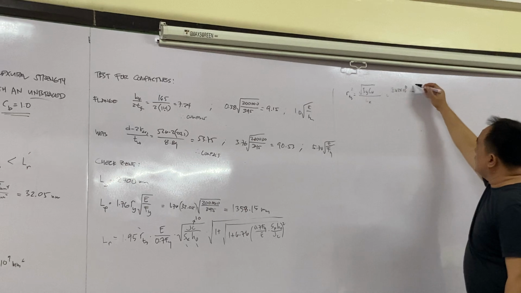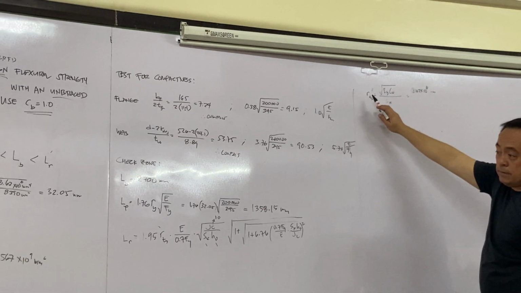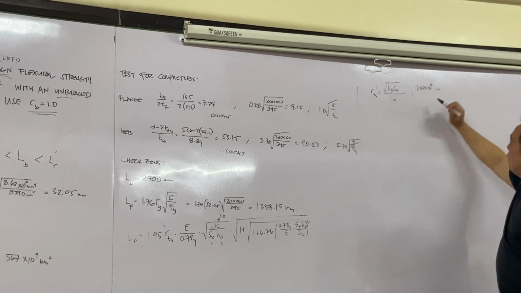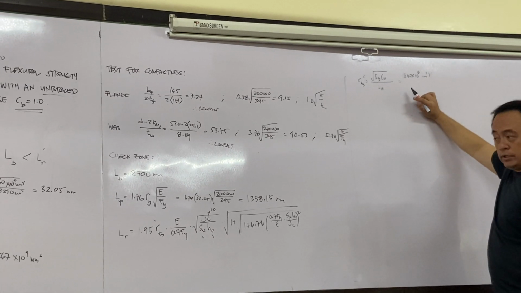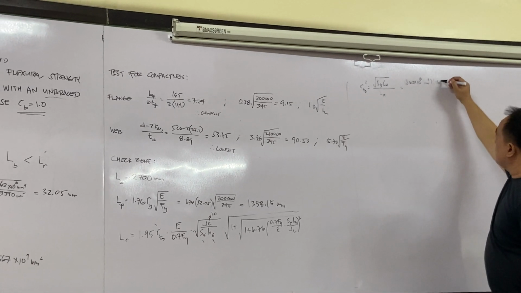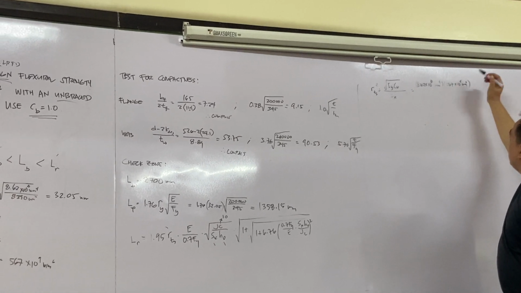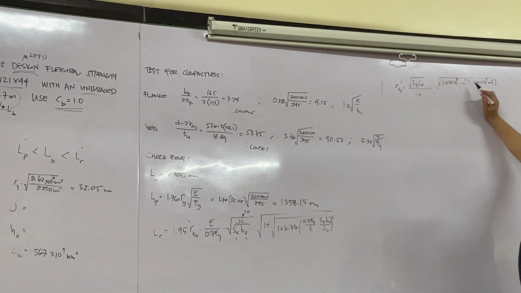Let's include the units for now, although the radius is in millimeters, but let's just try to have unit analysis. CW is 567 times 10 to the 9 mm to the power of 6, and then you have the square root.